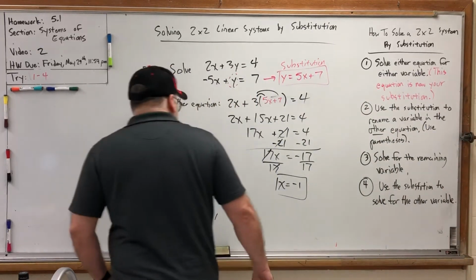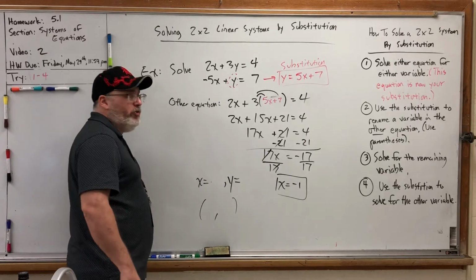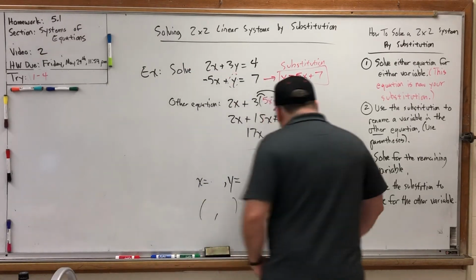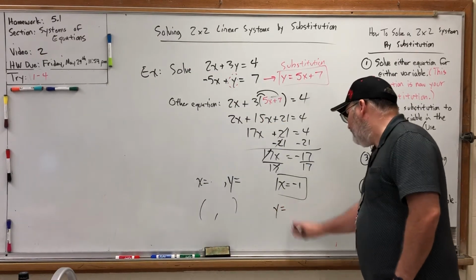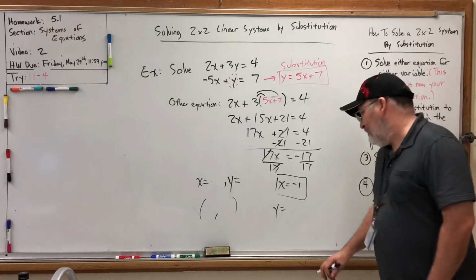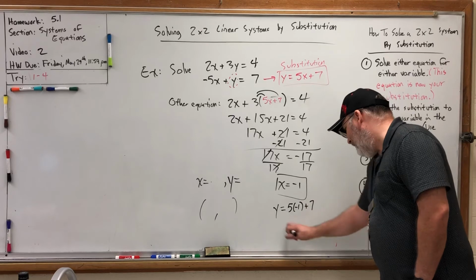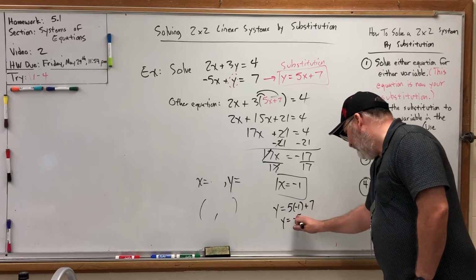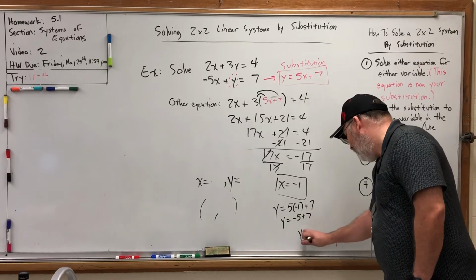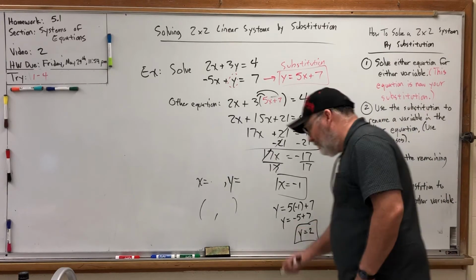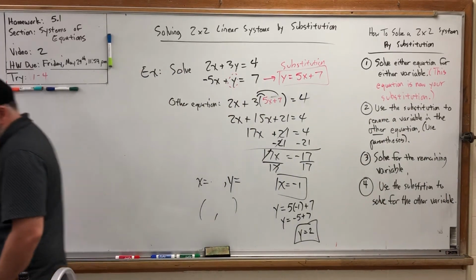And once you solve for it, use the substitution to pick up what you don't know. Now I need to know what y equals. According to the substitution, y equals 5x plus 7. So y equals 5 times negative 1 plus 7. So y equals negative 5 plus 7. And y equals 2.